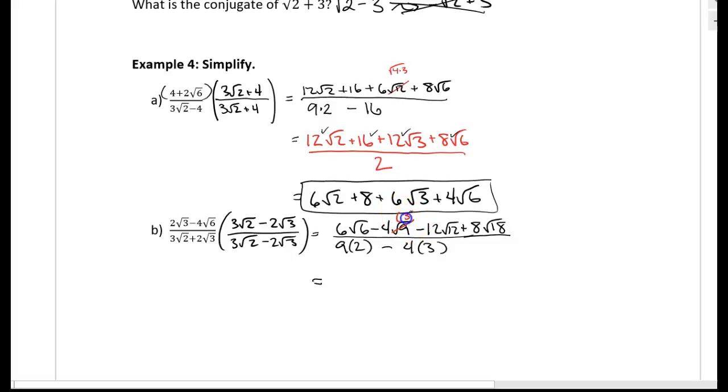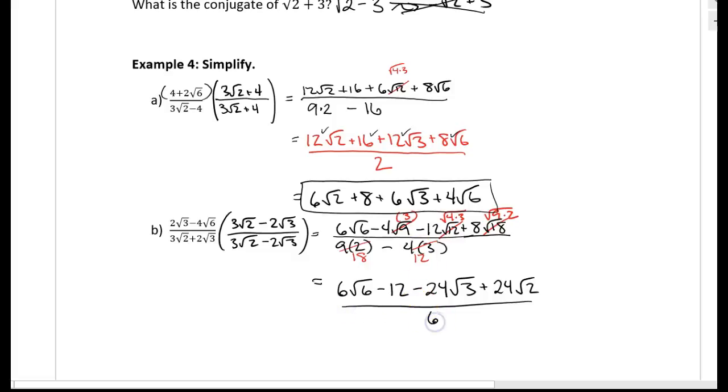Okay, so I've got lots of simplifying I can do here. Root 9 becomes 3. Root 12 breaks down to root 4 times 3. Root 18 breaks down to root 9 times 2. Okay, so lots and lots of simplifying. 9 times 2 is 18. 4 times 3 is 12. So we're going to end up with 6 root 6 minus 12 minus 24 root 3 plus 24 root 2 all over 6.